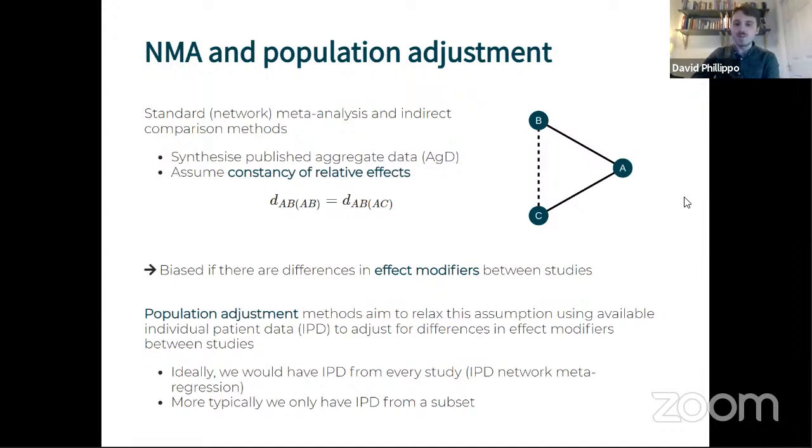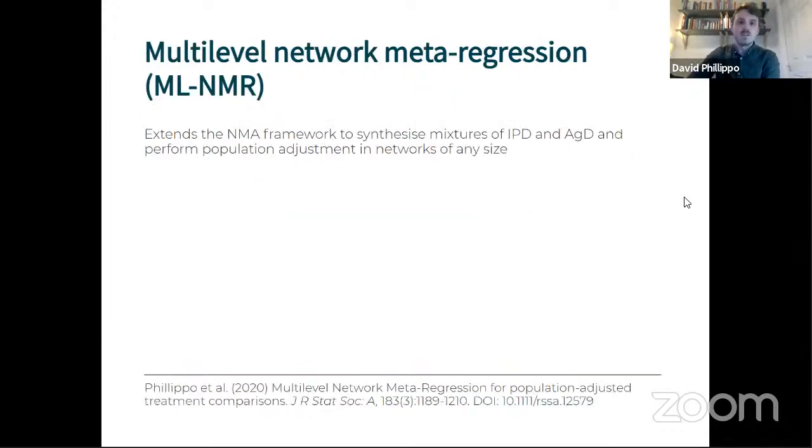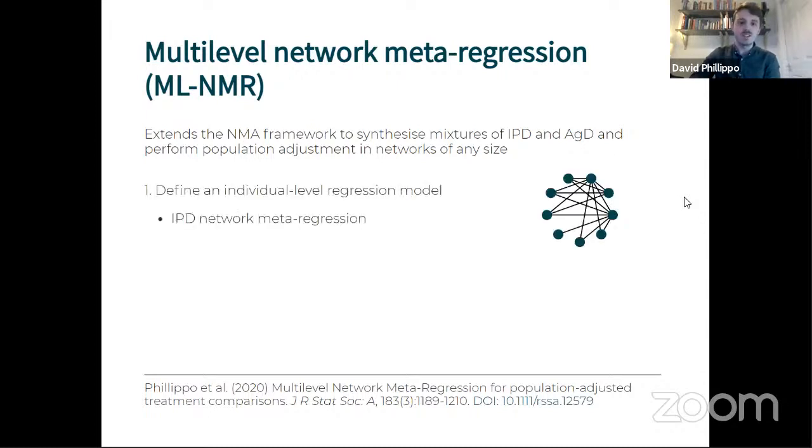However, much more typically, we only have IPD from a subset of studies and then published aggregate data from the rest. The multilevel network meta-regression, or ML-NMR, is a recent extension of the NMA framework to synthesize mixtures of IPD and aggregate data in networks of any size whilst performing population adjustment.